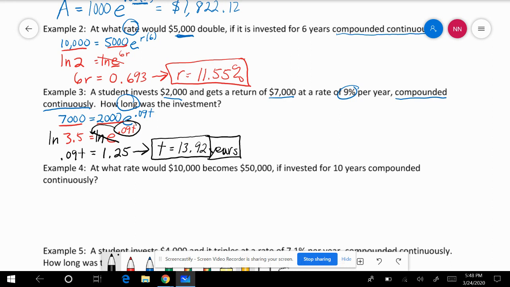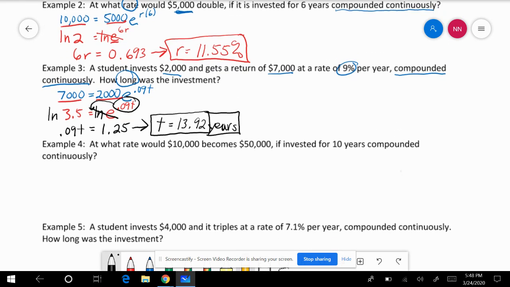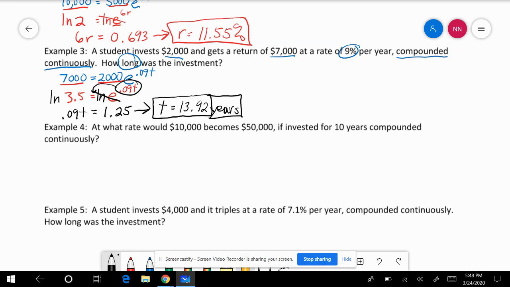Now, looking at example 4, we're using the PERT formula because it compounds continuously. It says at what rate, so we're solving for R, would 10,000 become 50,000? So we have 50,000 is equal to 10,000.